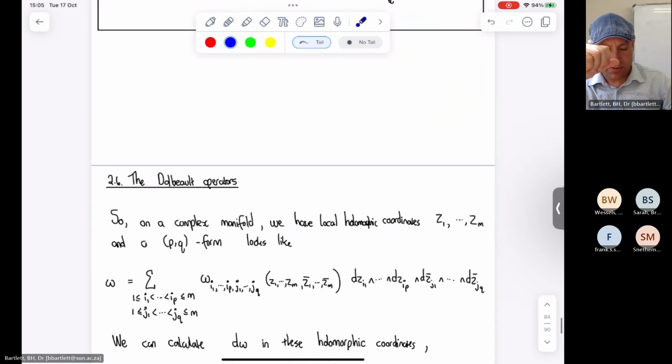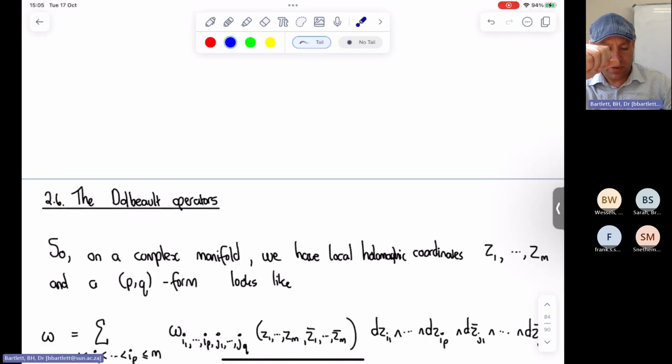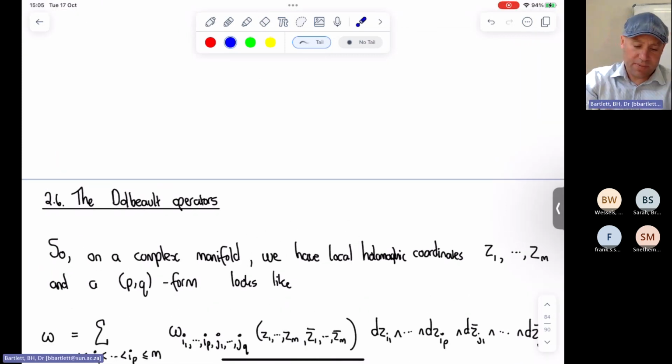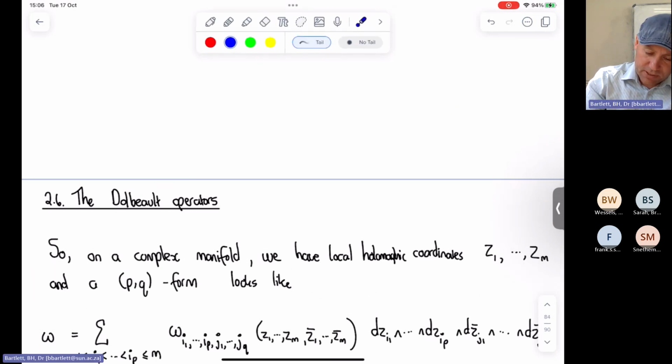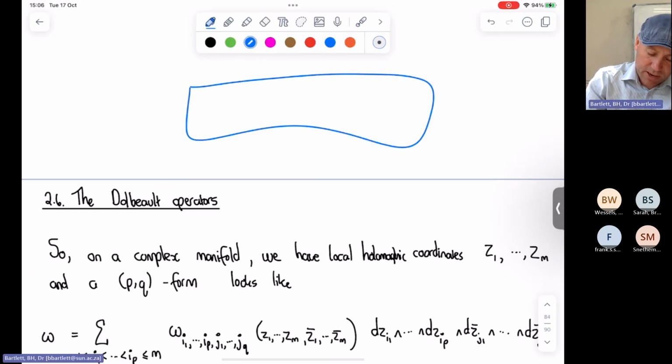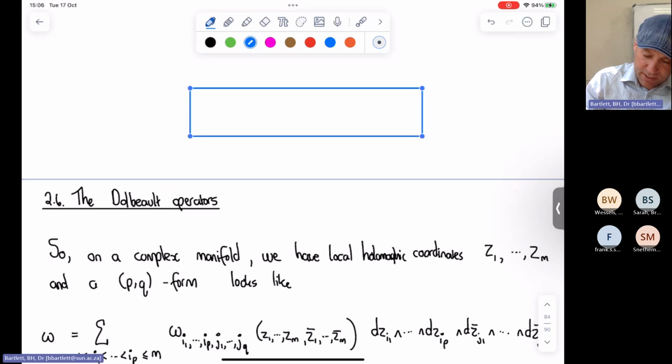So where are we? We have discovered something interesting about complex manifolds, and namely, let's just do this trick here.